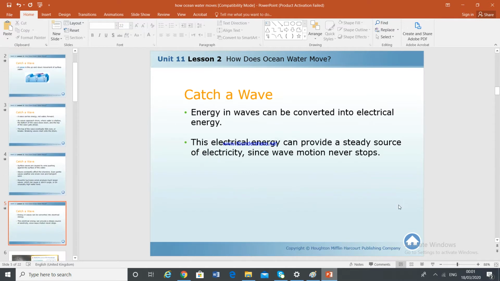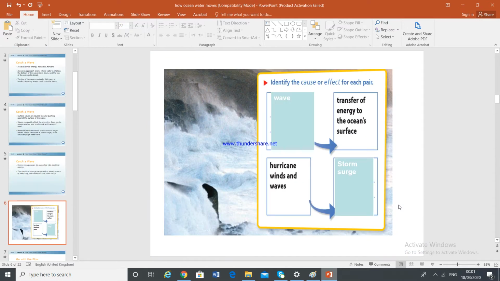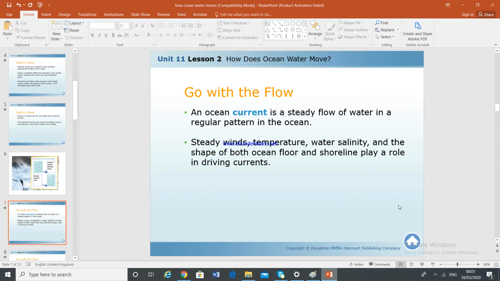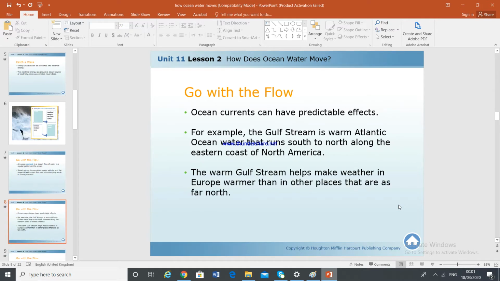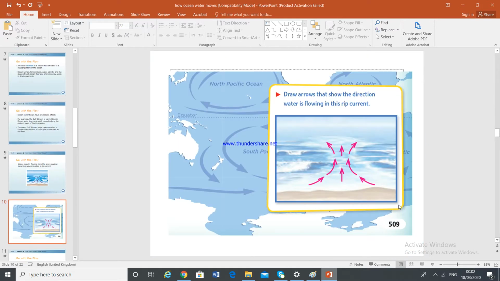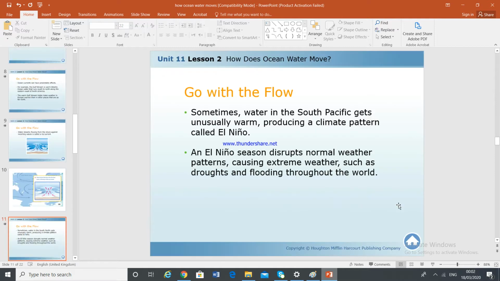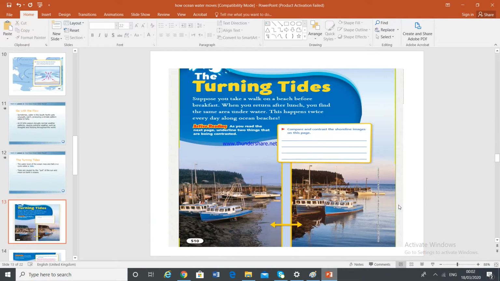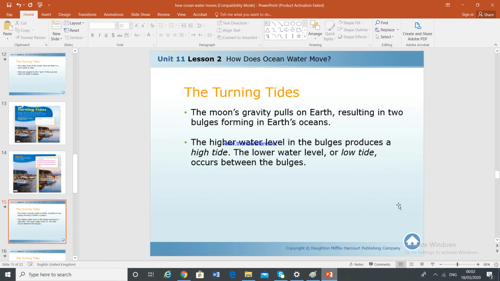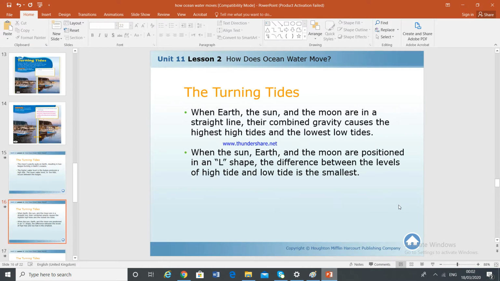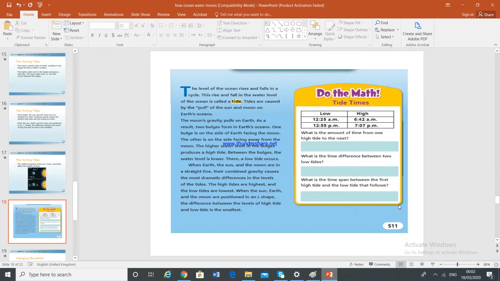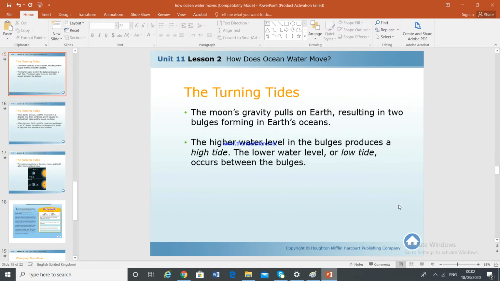Next, storm surge. Then ocean currents, and tides, and rip currents. And lastly, about low tides and high tides.